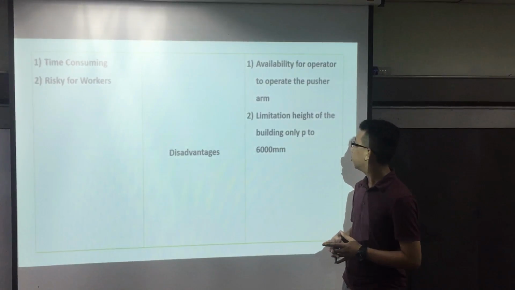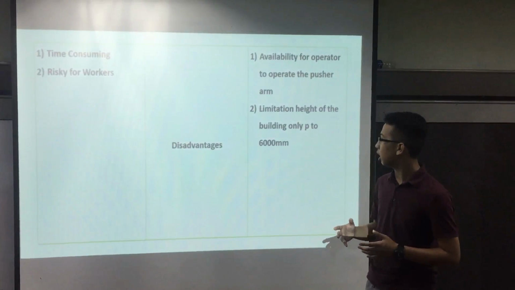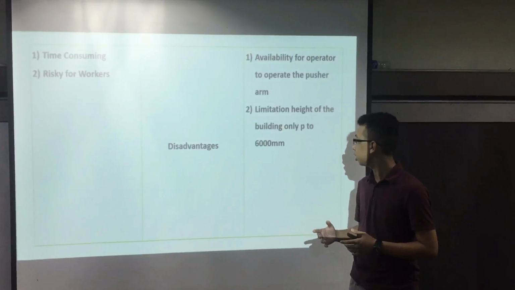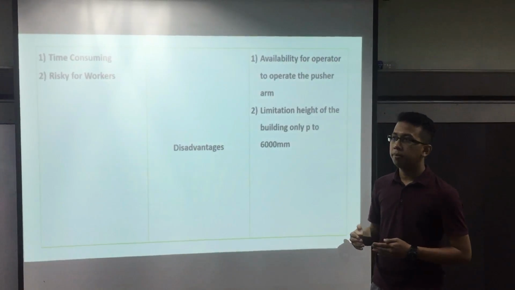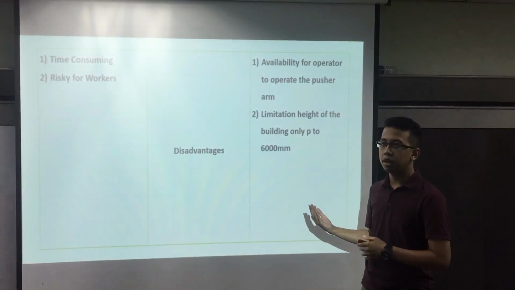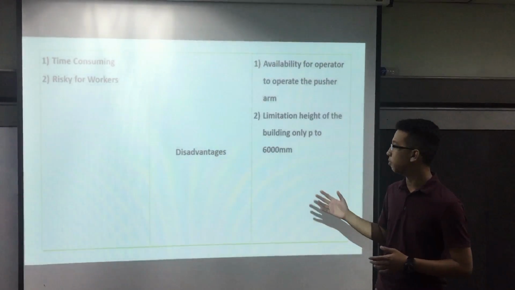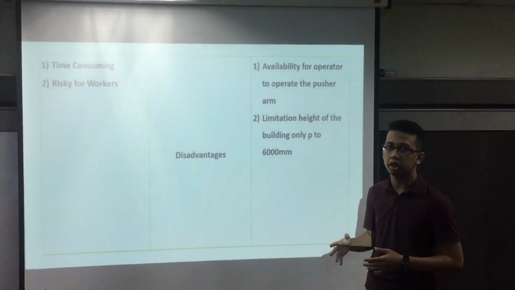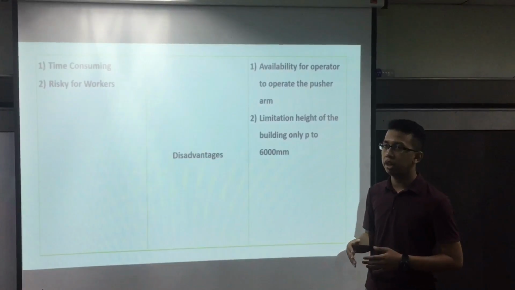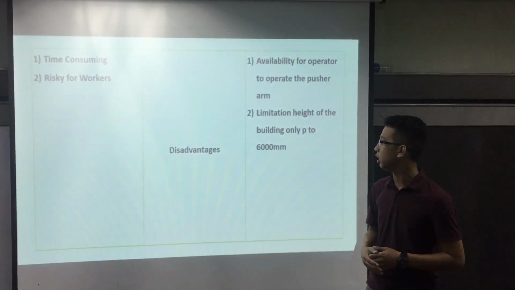Next, because of the height limitation, the building only goes up to 6,000 mm, 6 meters. That is why there is a combined method between push-arm and hand demolition, because the push-arm can only demolish up to 6 meters. Anything higher than that needs hand demolition.